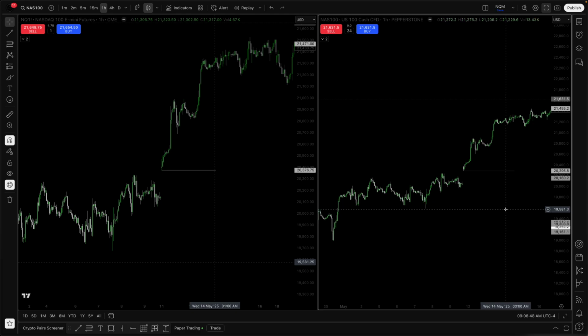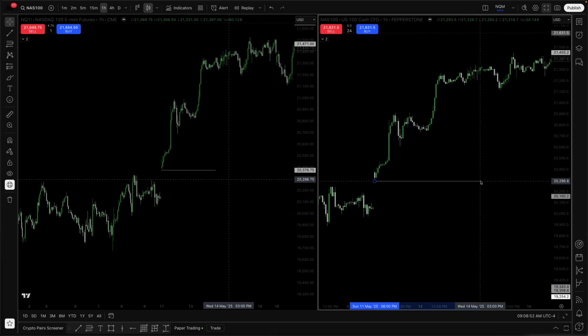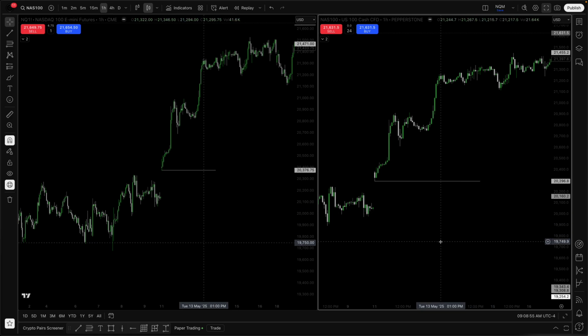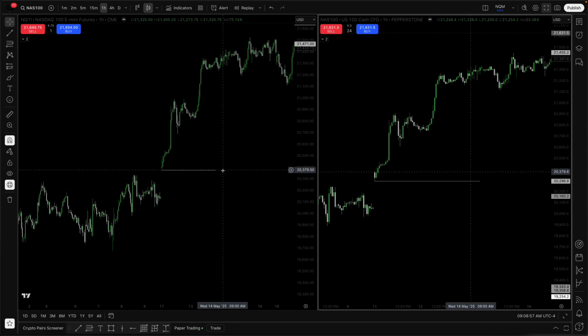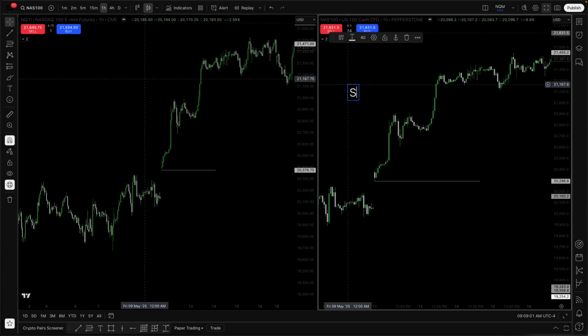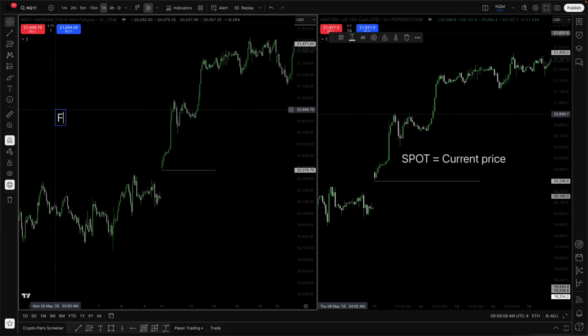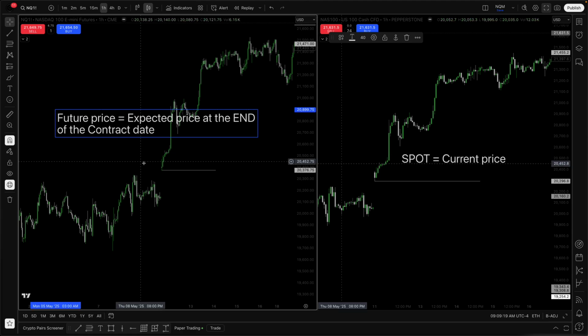The difference here is about 100 points, right? So 296, 297, and 376. So this is the spot price, the current price, right? And futures price is the expected price at the end of the contract date, right?